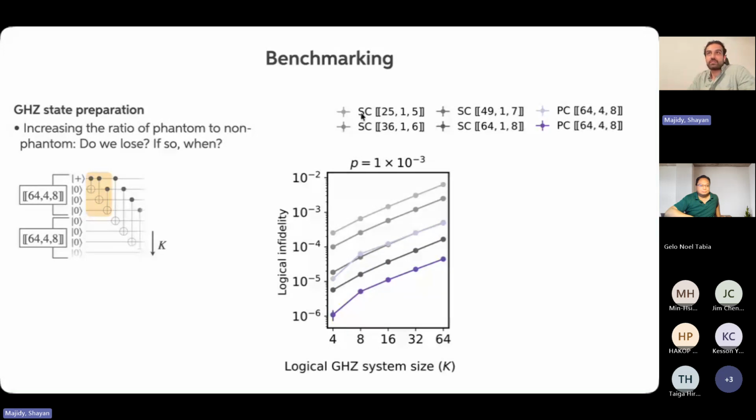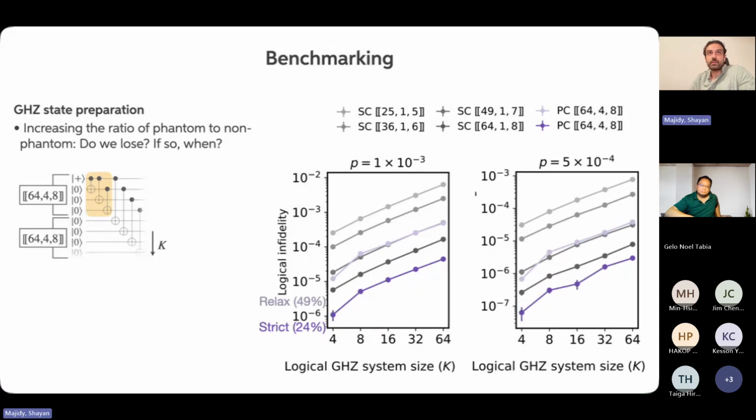In this plot, we have the surface code at different distances, 5, 6, 7, and 8, in gray, and then the phantom code using a strict preselection and a relaxed preselection. What we find is that we get some initial advantage, as we expect, but the advantage actually persists even as we continue to grow the code blocks. We do this at current error rates and very near-term error rates.